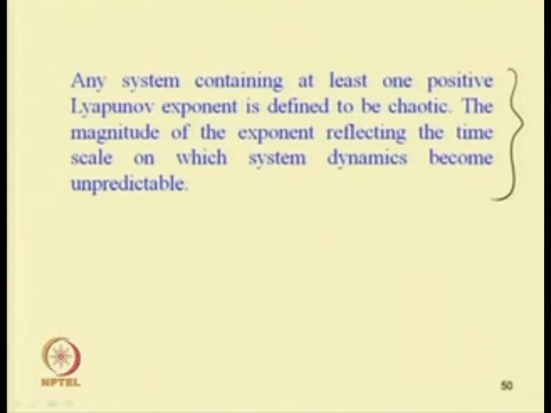One can also observe that any system containing at least one positive Lyapunov exponent is defined to be chaotic, the magnitude of the exponent reflecting the time scale on which the system dynamics becomes unpredictable. So, in case of chaotic response, at least one of the Lyapunov exponents will be positive.